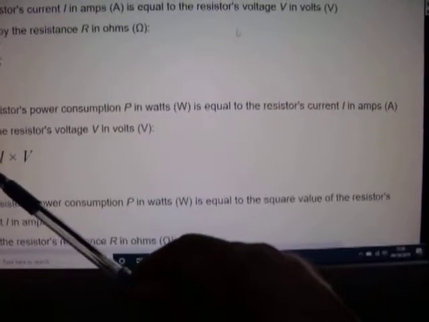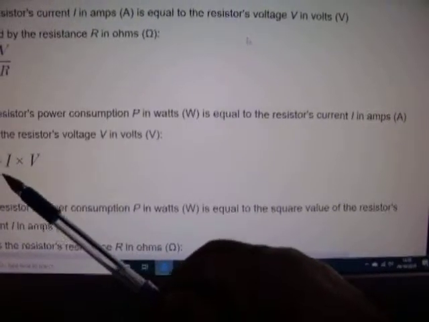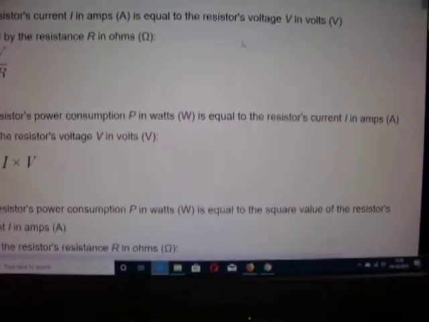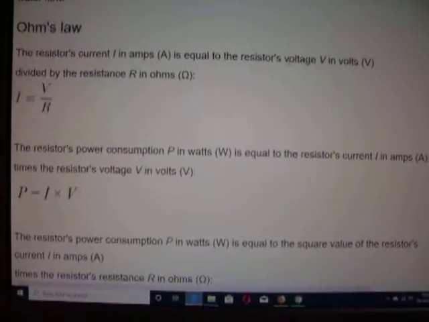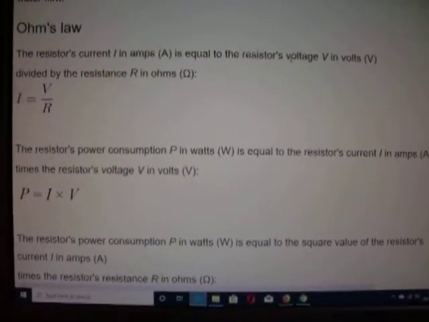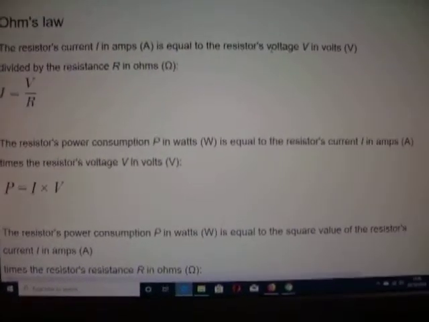So you can see here, power equals I times V, or if you like, P equals V times I, as I like to refer to it for my own self. But bear in mind that either way, it will still give you the power result.